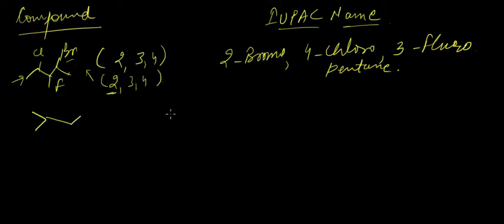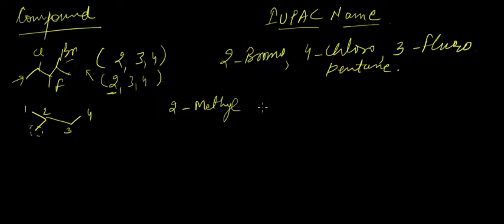Okay, now let's look at some more examples. What is the IUPAC name for this compound? If you just calculate the maximum number of carbon atoms in a chain, it would be 4, and the substituent is found at carbon atom number 2, so 2 methyl, as the substituent has only one carbon atom in it.